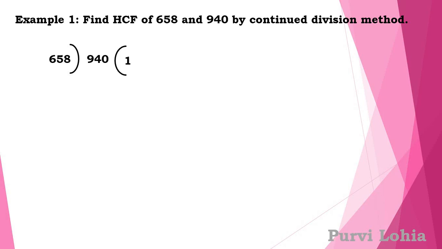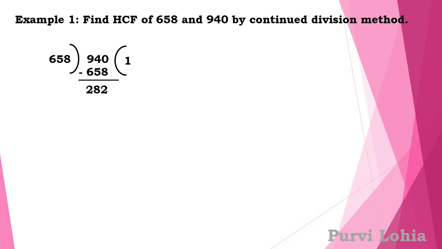Correct, one time. So 658 will be written here, and what will be the remainder? Correct, 282.